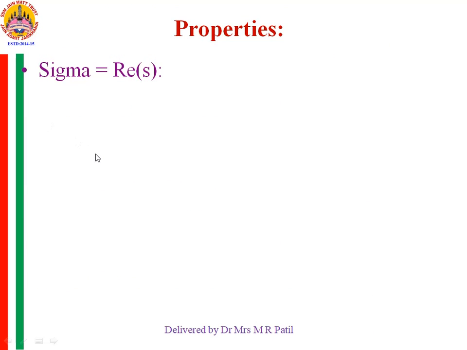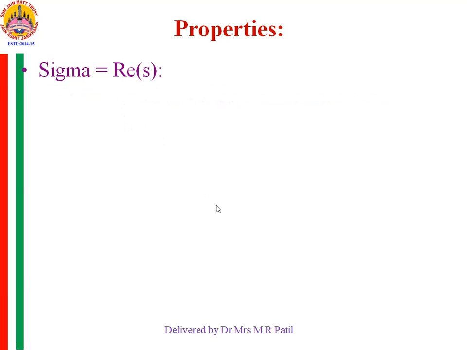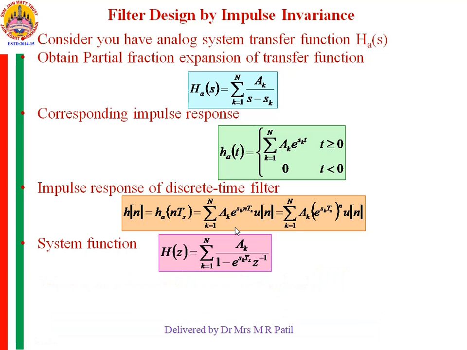So sigma, which is the real part of s: if sigma is less than 0, r is equal to e raised to sigma Ts. If sigma is less than 0, all the points will be e raised to some fractional value.